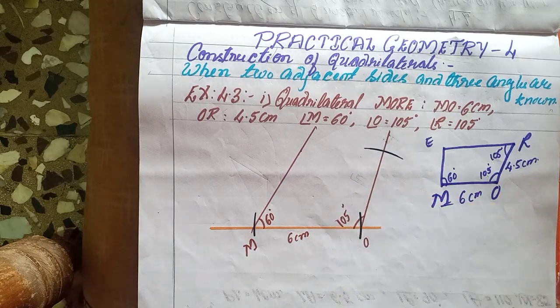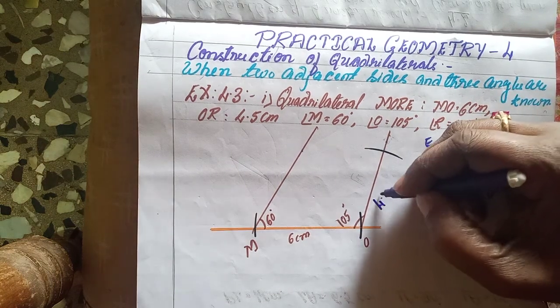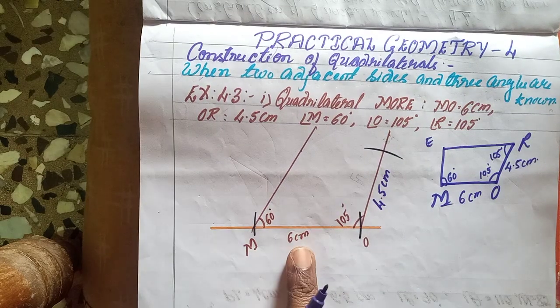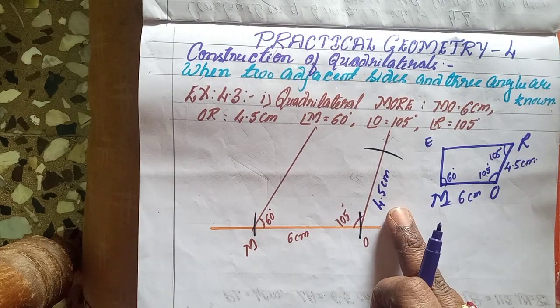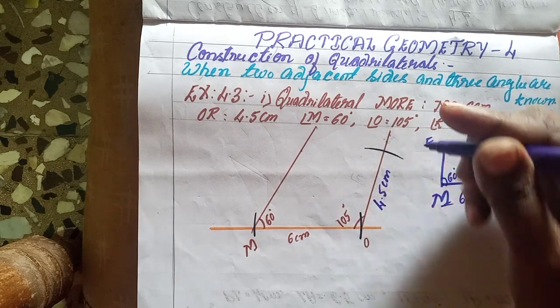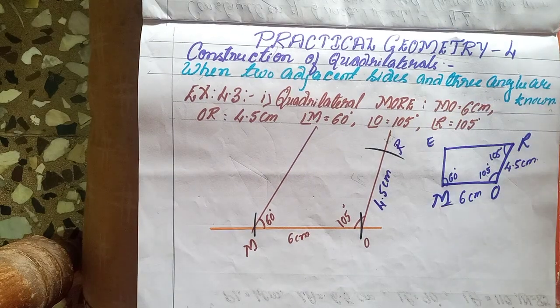By pointing it on O, cut an arc on this angle like this. What we got? That is 4.5 centimeter. This is one side given. This is 6 centimeter. This is 4.5 centimeter. And one more angle is given, that is R. Angle R is equal to 105 degree.